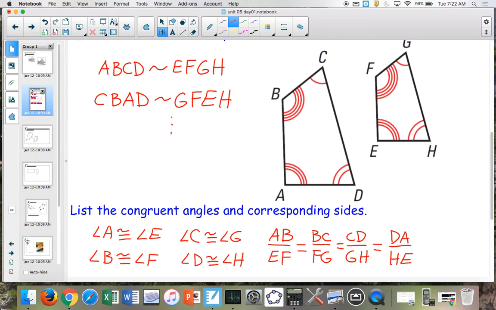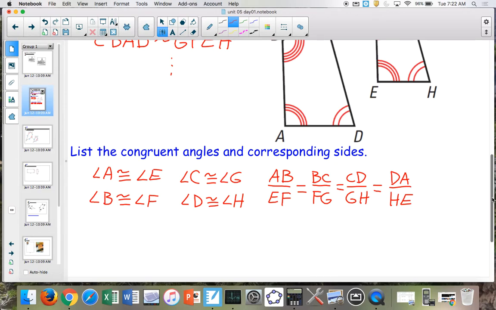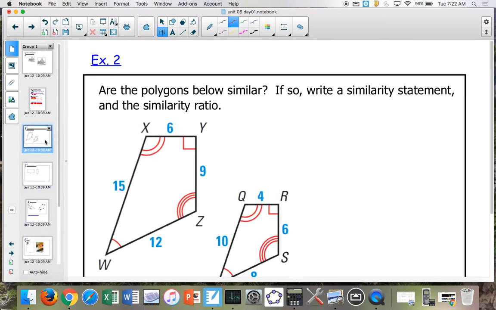It's just important to realize that side AB matches up with side EF. So the ratio of those two sides is going to be equal to the ratio of any other two corresponding sides. Let's look at a few more examples.